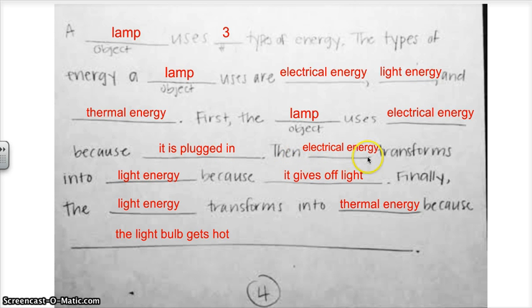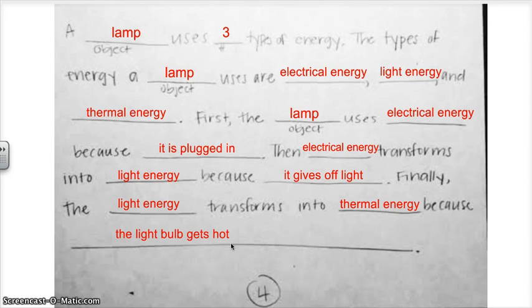Then, electrical energy transforms into light energy because it gives off light. Finally, the light energy transforms into thermal energy because the light bulb gets hot. And then you have completed your paragraph if it looks similar to mine.